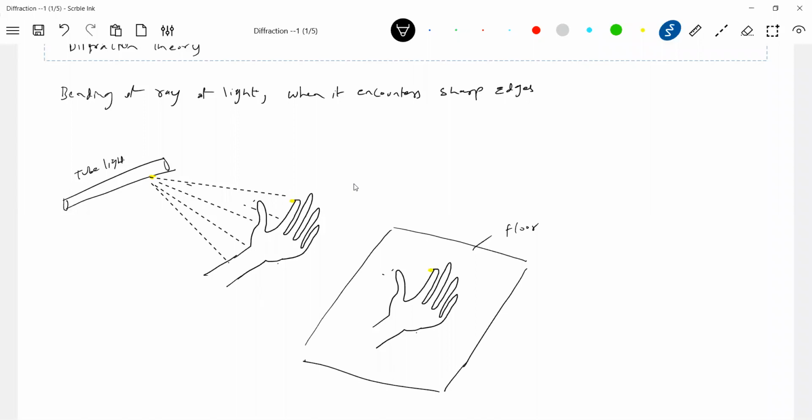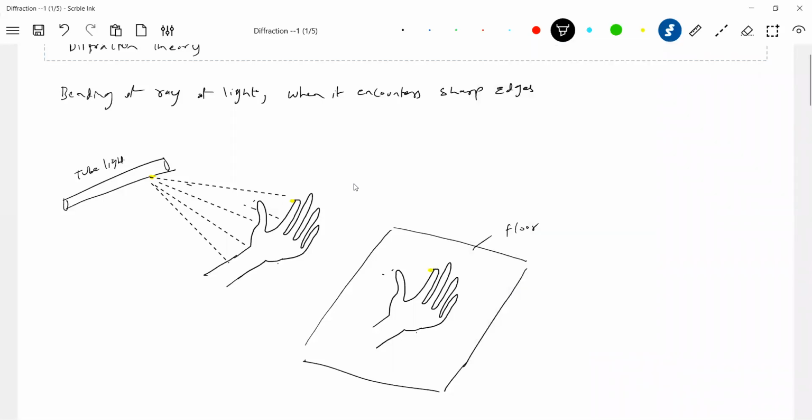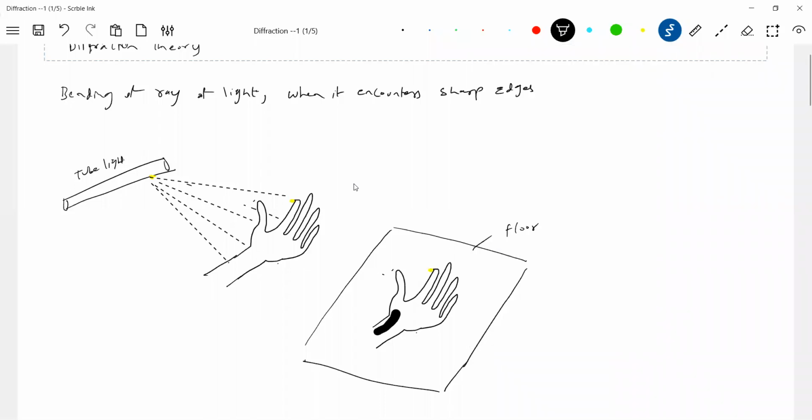The shadow falls on a screen, or the floor. We see the shadow. Will it be well defined like this? The answer is no. The shadow will not be well defined. How do we see dark regions? I'll try my level best to give a better diagram.